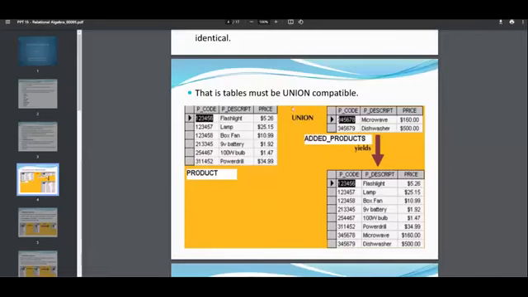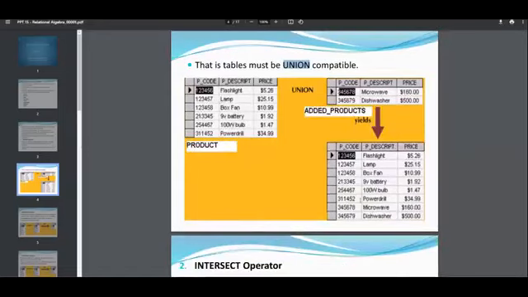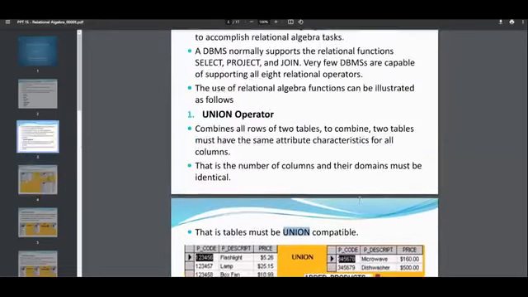So the term is union, right? Okay. You can collect all the rows into one table by using the union function, also called the union operator.